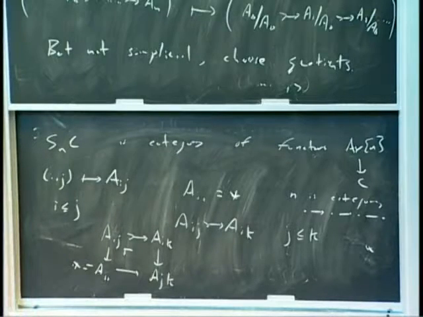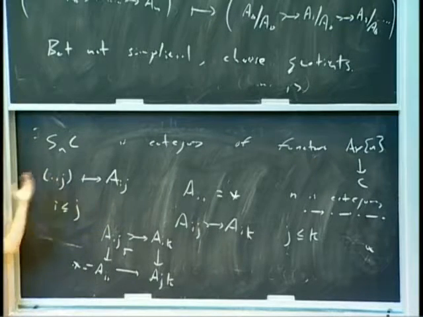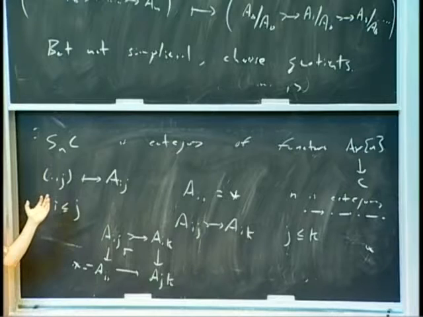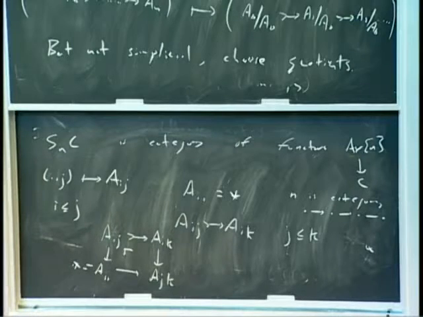It's just a way of saying I want i to be less than or equal to j, and there are maps between ij and i'j' if i is less than or equal to i' and j is less than or equal to j'. That's what I want.